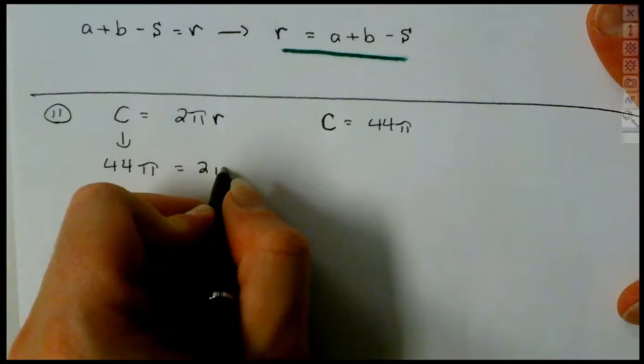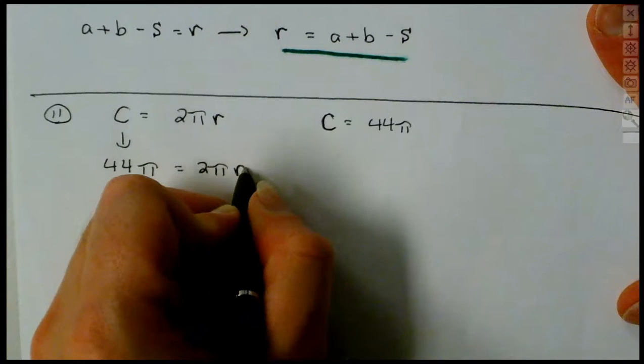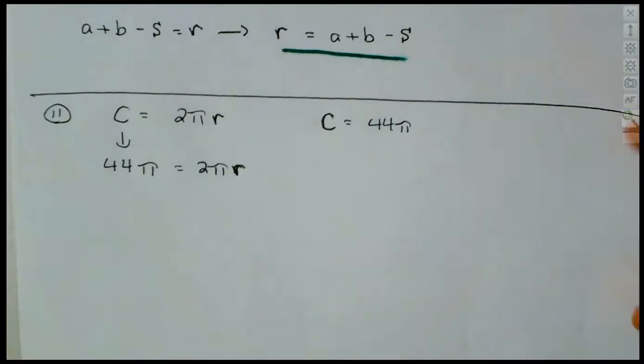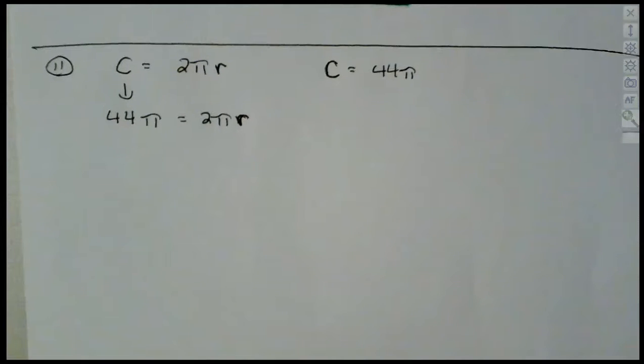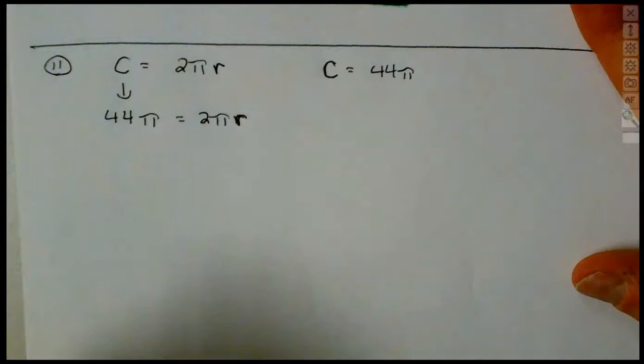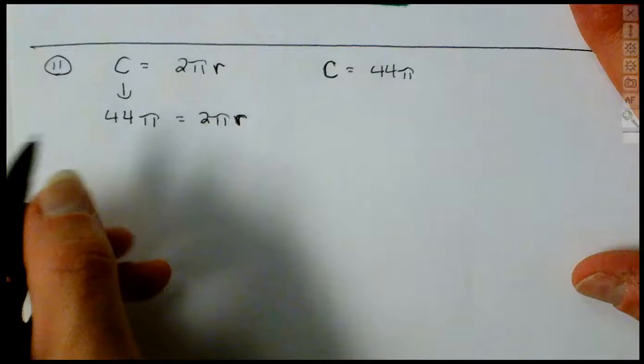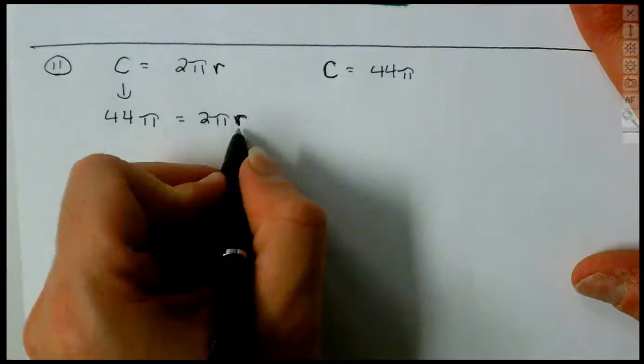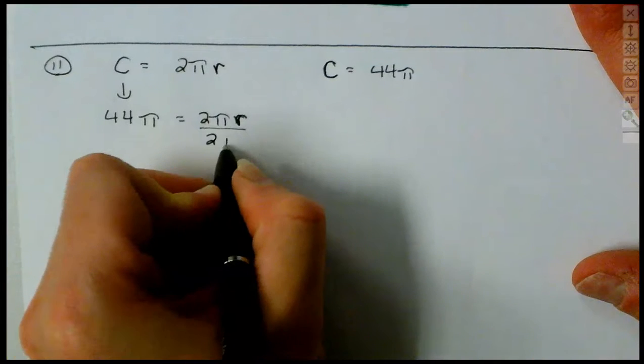equals 2 pi r. Now we could use our calculator and that 3.14, but we don't need to do that. We can actually divide and get rid of that pi. So we want to find r. Right? We want to find the value of r. So the 2 pi is related to the r by multiplication. So what's going to undo my multiplication is division.